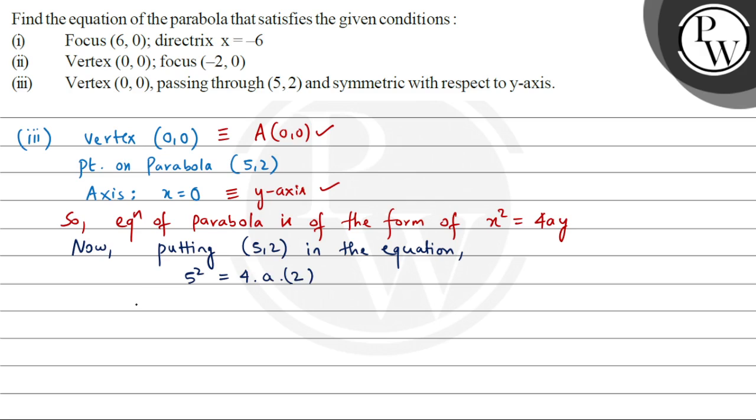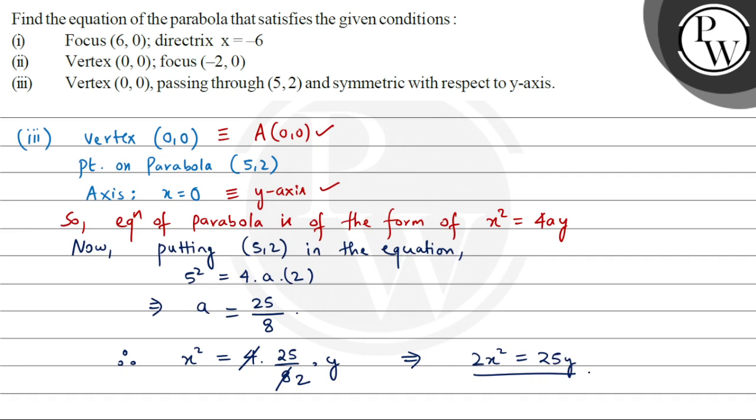Solving this, 5 square is 25 and 4 into 2 is 8, so a is 25 by 8. Therefore the equation is x square equals 4 into 25 by 8 into y. Four 2's are 8, and therefore the equation becomes 2x square equals 25y, right? So this is the final equation required.